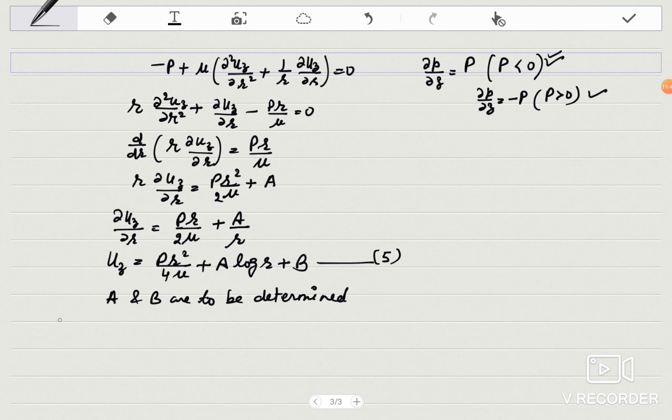Now what are the boundary conditions in this case? Your cylinder is at rest. So condition is that u is equal to 0 at r is equal to a, radius of the cylinder cross section.